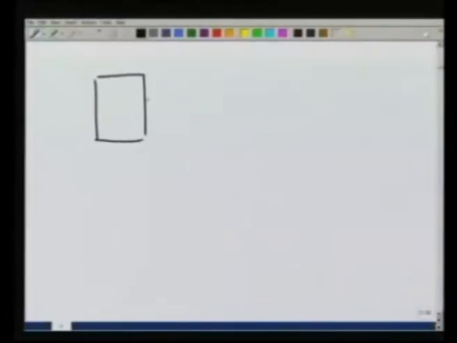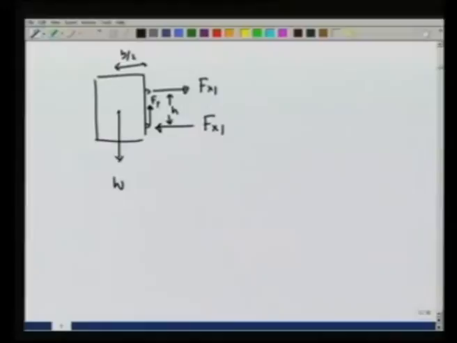Let us now look at balancing the torque. So, I have this gate, here is a force Fx1, and we have already figured out that there is a force in the opposite direction of the same amount Fx1. They are separated by distance h. Here is a force Fy and here is a force W separated by distance b by 2.